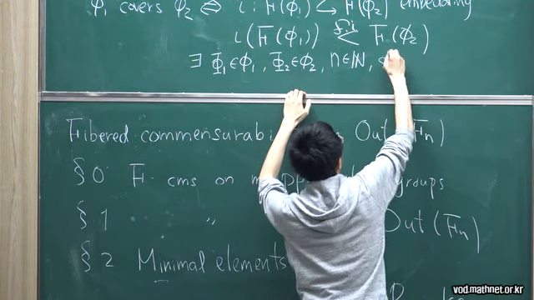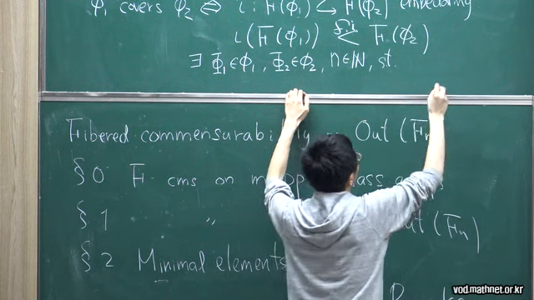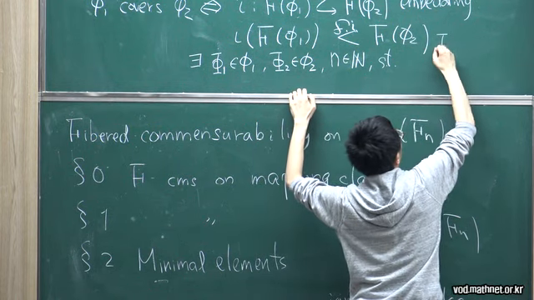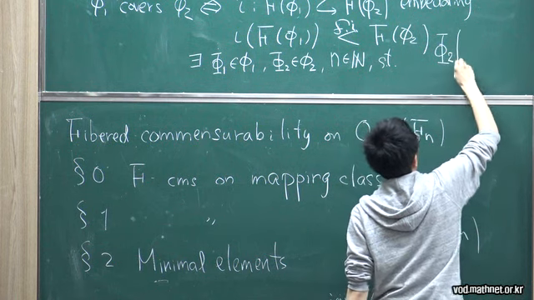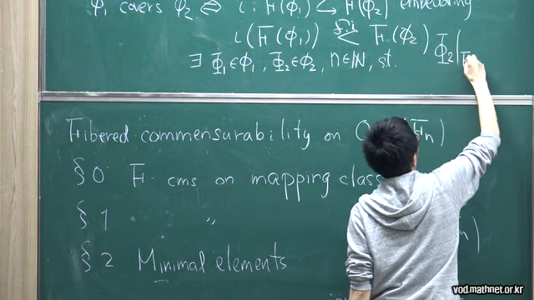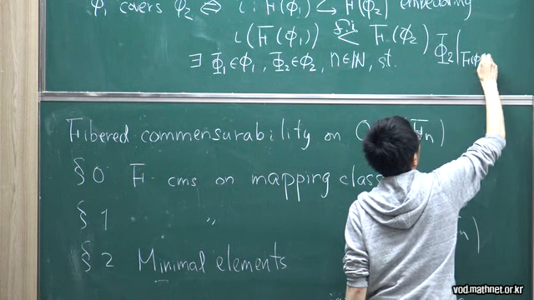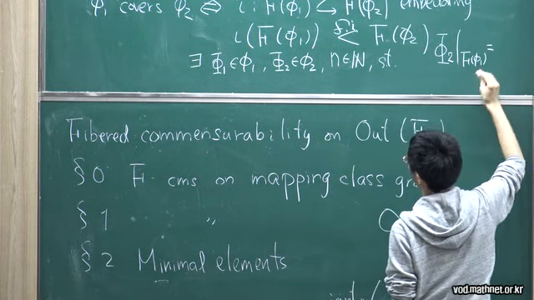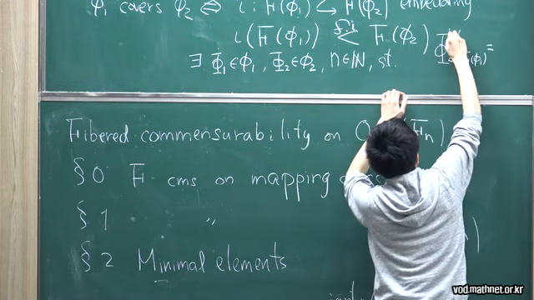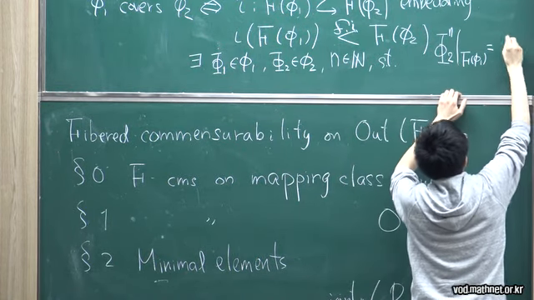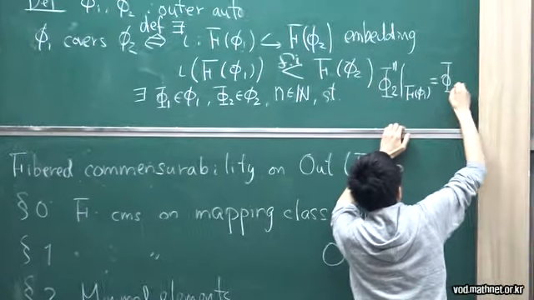Such that phi 2 to some power restricted to the image is equal to phi 1.